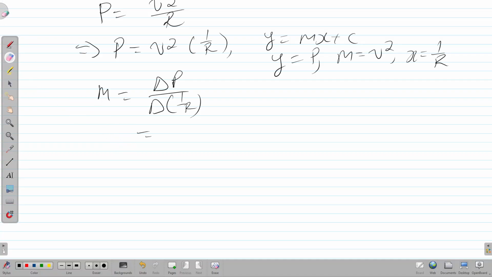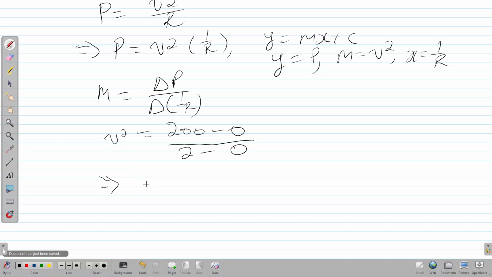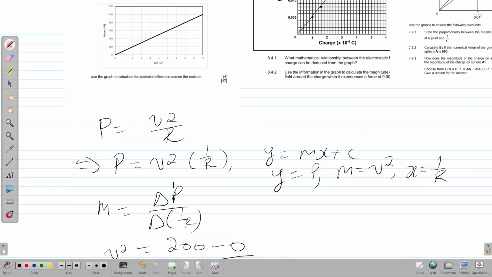So the gradient is V squared, and here I will choose 200 and the origin: when the power is 200, 1 over R is 2, and when the power is 0, 1 over R is also 0. So that implies that V squared is equivalent to 100, and therefore V is equal to 10 volts. Okay, so it is as easy as that.